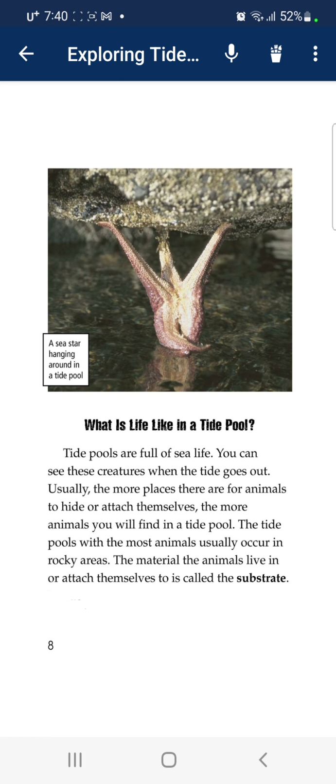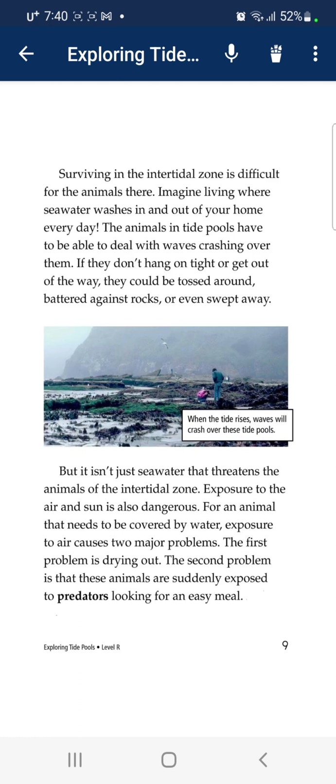is called the substrate. Surviving in the intertidal zone is difficult for the animals there. Imagine living where seawater washes in and out of your home every day.